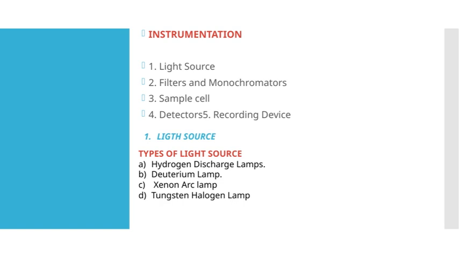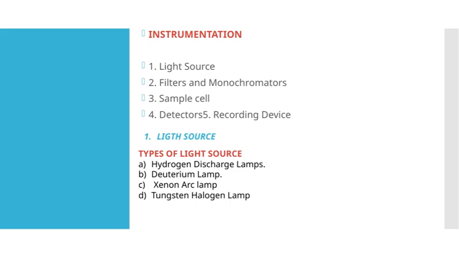All these light sources are integral parts of the overall instrumentation setup, which typically includes several components. The light source itself is the starting point, providing the illumination necessary for measurements. Then, we have filters and monochromators, which serve to isolate specific wavelengths of light to analyze particular features of our sample. The sample cell is where the actual interaction between light and the sample occurs.